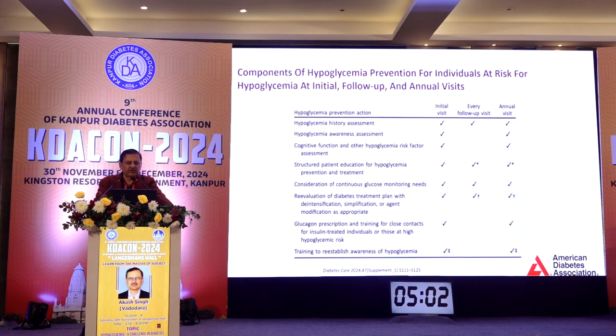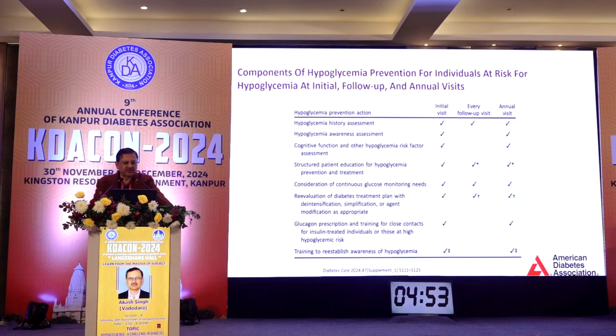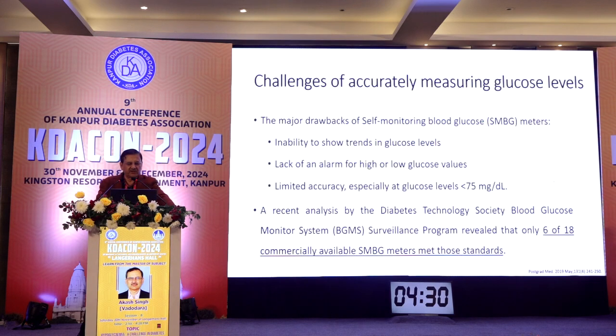The components of hypoglycemia prevention for individuals at risk, at initial follow-up and annual visits: you have to do hypoglycemic history assessment, hypoglycemic awareness assessment, cognitive function and other hypoglycemic risk factor assessment, structured patient education for hypoglycemia prevention and treatment, consideration of continuous glucose monitoring needs, re-evaluation of the diabetic treatment plan with de-intensification, simplification and agent modification as appropriate, and glucagon prescription and training to re-establish awareness of hypoglycemia.